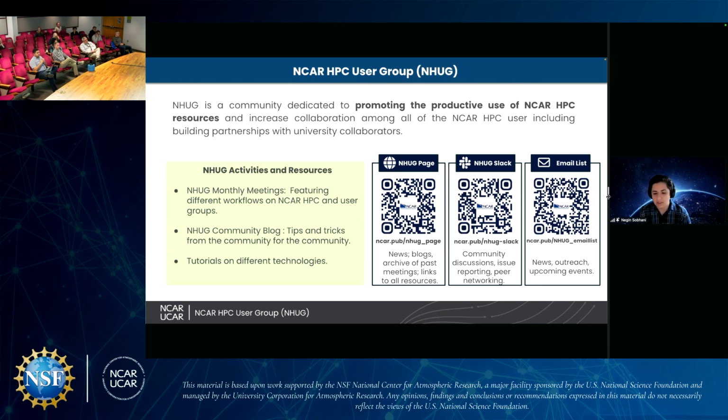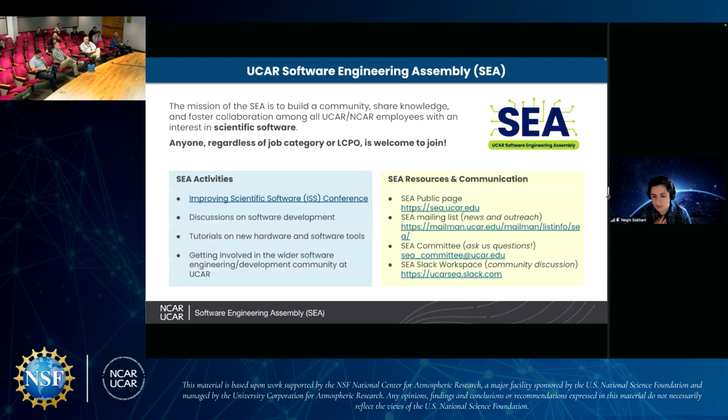And last but not least, we have the email list. If you want to receive invites, for example, for future NHUG monthly meetings, please feel free to join our email list. And I added the QR code and the links for all of these in this slide. Can you please move to the next slide, John?